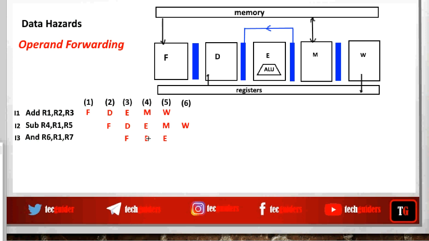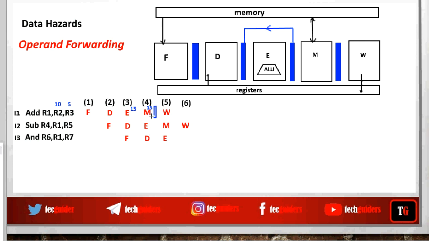When I3 is at the end of the decode stage, instruction I1 which produces the data is at the end of the memory stage. And that required data, which is the sum of the content of R2 and R3, is already computed by I1 in the third clock cycle in the execution stage itself, and that data is available with I1 now in the fourth cycle in the memory stage.